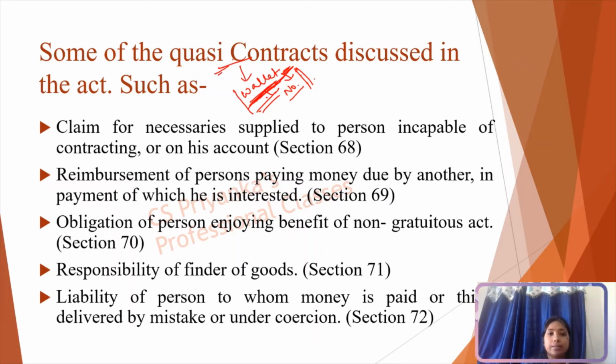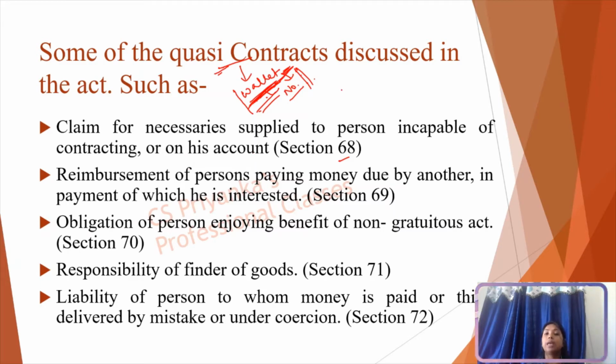Now let us discuss the situations covered between section 68 and section 72. So let's see, section 68 is telling: claim for necessaries supplied to a person incapable of contracting, or on his account.